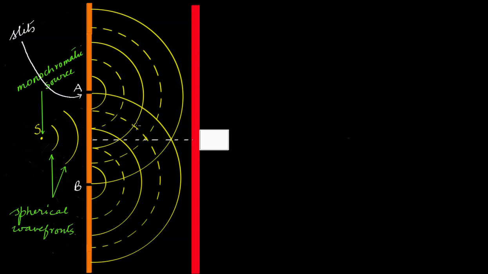Similarly here, the crest coinciding with the trough, dark point. Here, the trough coinciding with the crest, dark point. Here, the trough coinciding with the crest, dark point. So all along this line, you will get dark points on the screen, just like in this diagram.